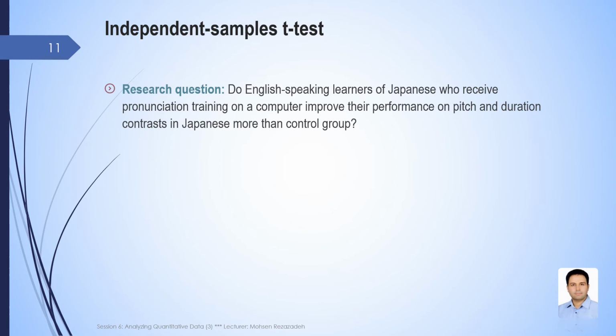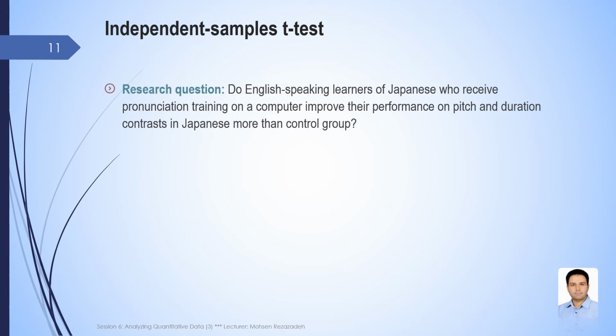When we go on, we see that the dependent variable is their performance on pitch and duration. So this is the dependent variable. We have two different groups, experimental and control, and we have one dependent variable which is pitch and duration.